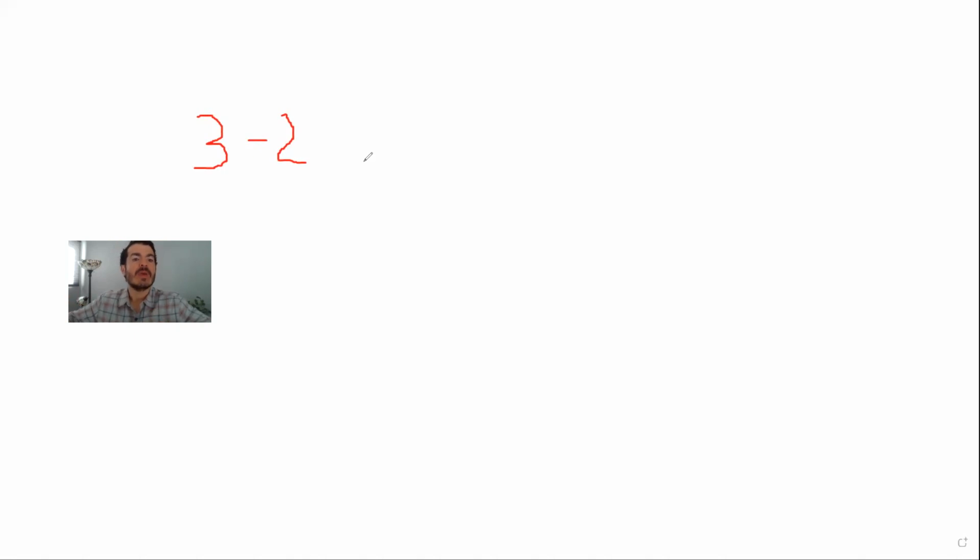How do you do that? Think about this minus sign, instead of meaning subtraction, as meaning add the opposite of the number to the right.